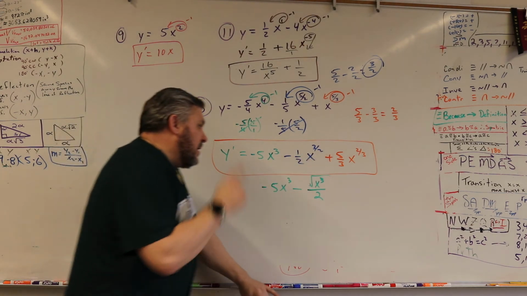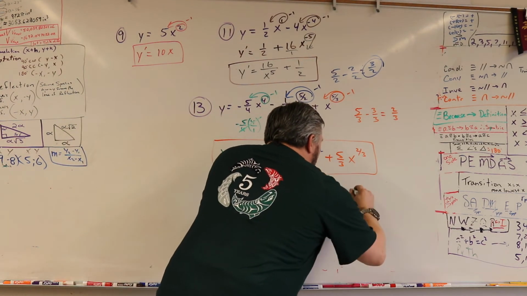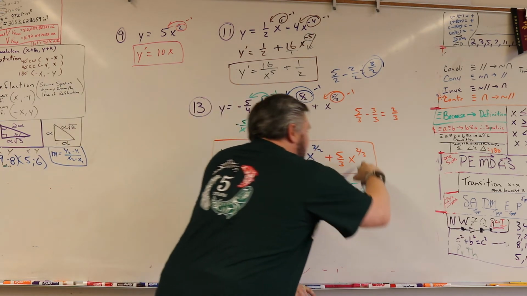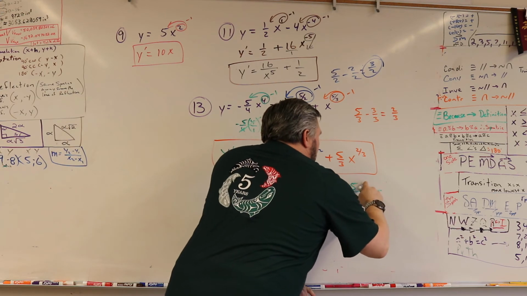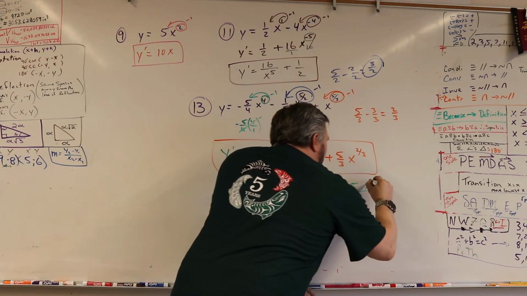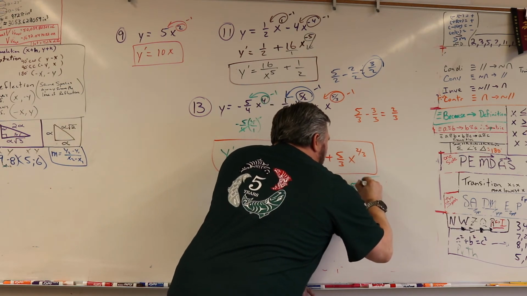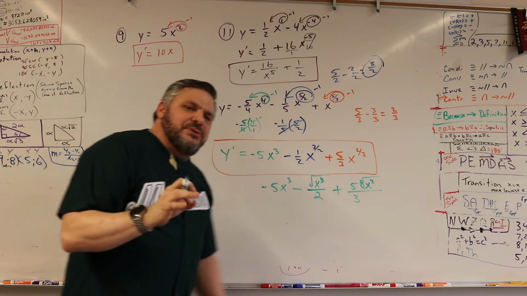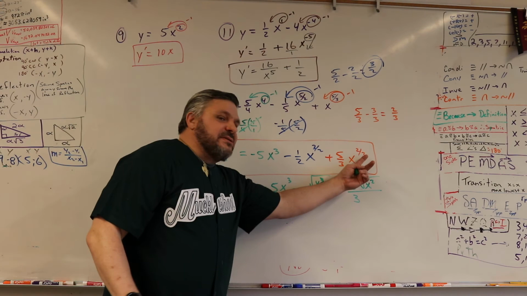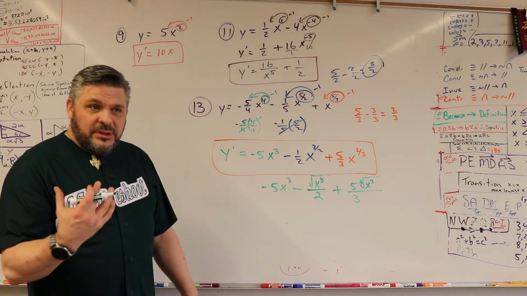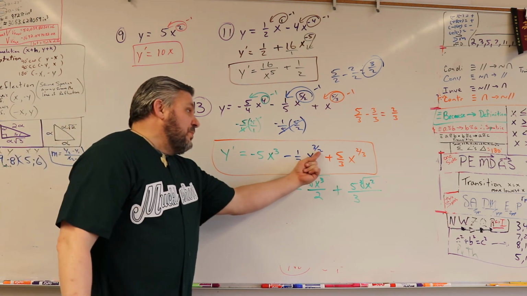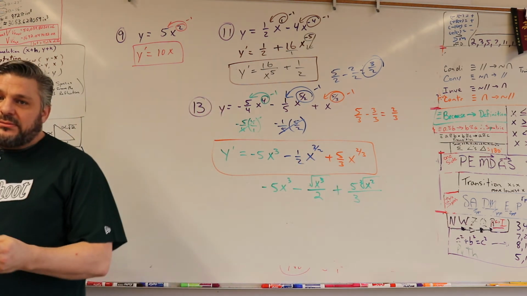Now, then it would be plus 5/3 x. Now, in this case, let's move the x over a little bit. X squared, and this is going to be to the 3rd. So it's actually a cube root. See the difference? This is a square root. This is a cube root, because the root is in the bottom. And so your root is always in the bottom of the fraction.